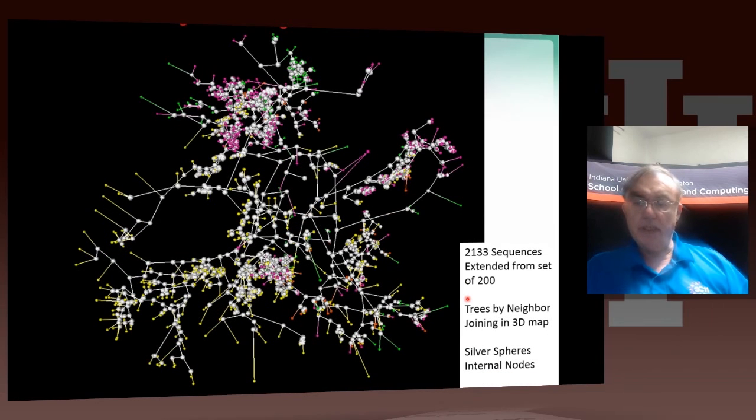And here's a more complicated example with 2,000 sequences. I should say that this is slightly speculative, but it illustrates the power of visualization. And although I don't show it, it shows you that some approaches just don't work very well. The visualization makes it very clear that the tree doesn't seem to represent the data very well. So this is just a way of checking what you're doing makes sense.